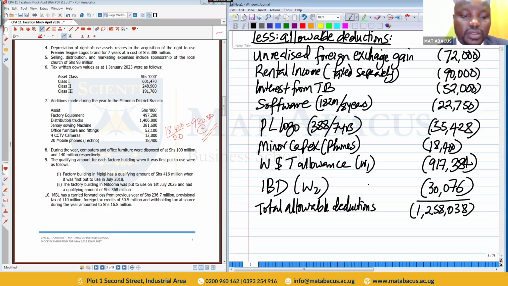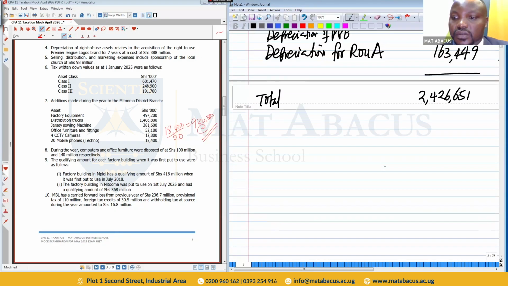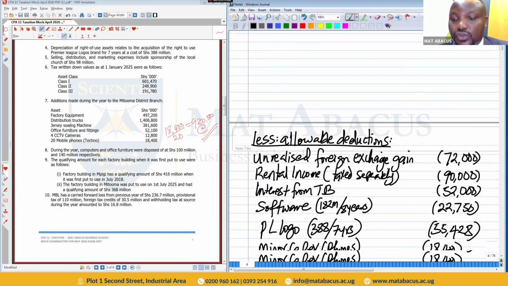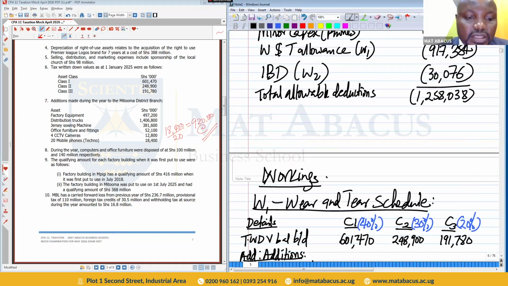So when you get total non-allowable deductions and you less total allowable deductions, you get what we call chargeable income.